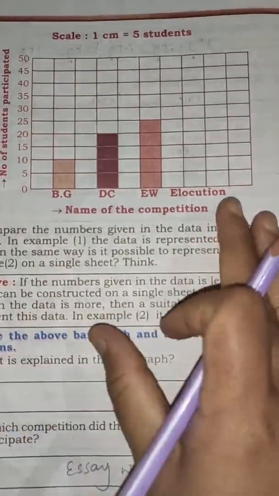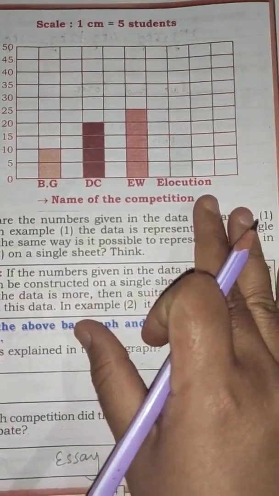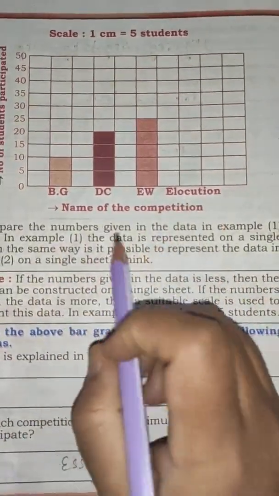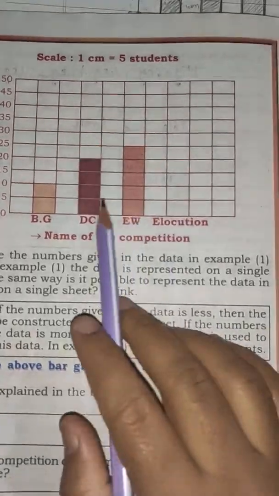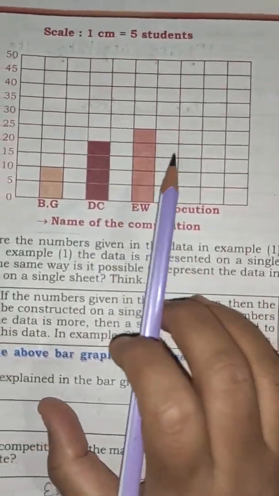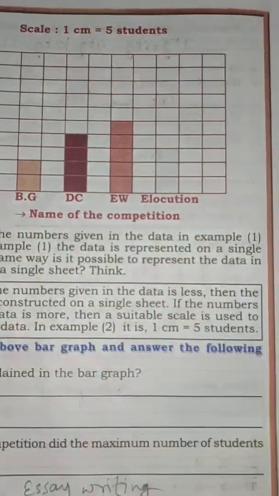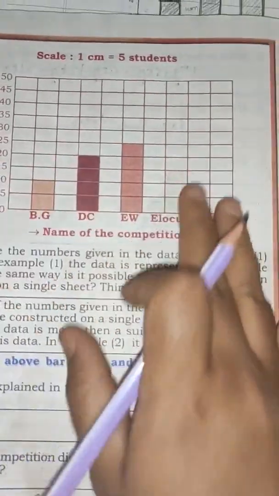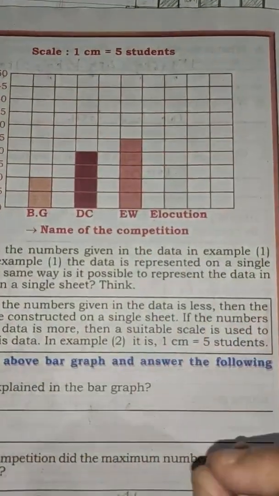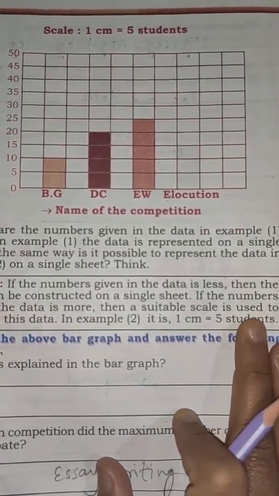Next, more inferences can be drawn easily just by observing the graph. By observing this bar graph, many conclusions can be drawn easily. It is an easy method to write the data. It is very attractive, isn't it?